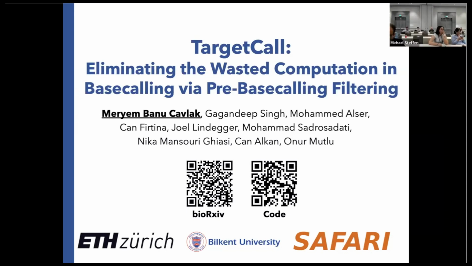I have a question. Have you tried to extend TargetCall, or maybe it already does, to handle multiple references? What you can do is append different references into a single file, and when you're running Minimap2, you can give all the references as the reference. I see. And does the precision get worse if you have very large sequences?